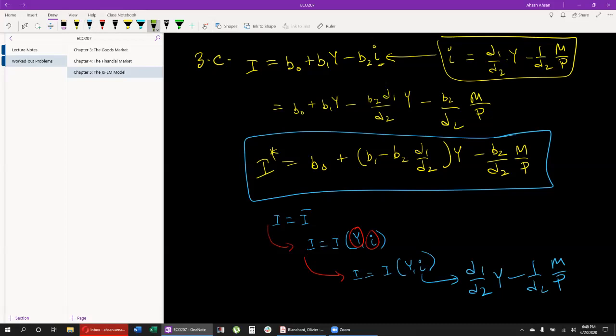So notice that we've gone through 3 stages of how we deal with investment. From it being fixed in chapter 3, I think it was. Then we endogenized it and made it so that as our output was changing, we allowed investment to change.